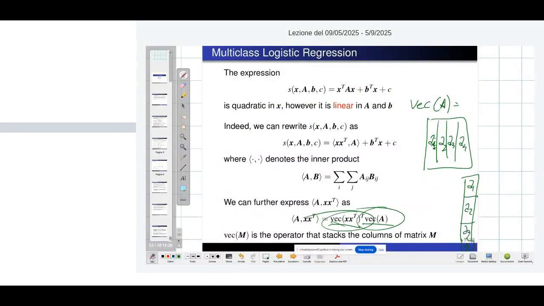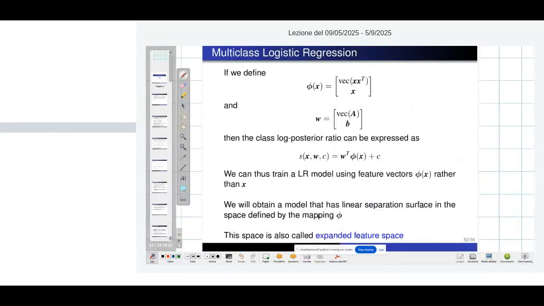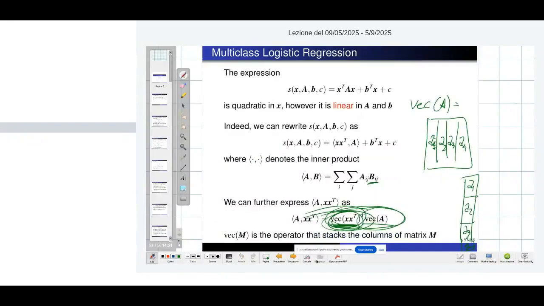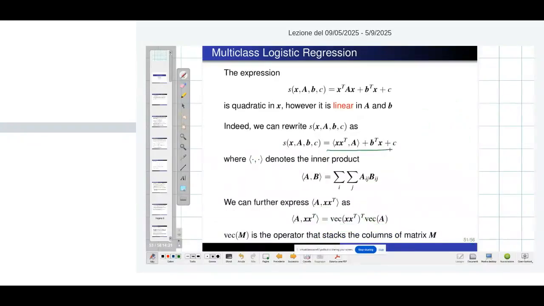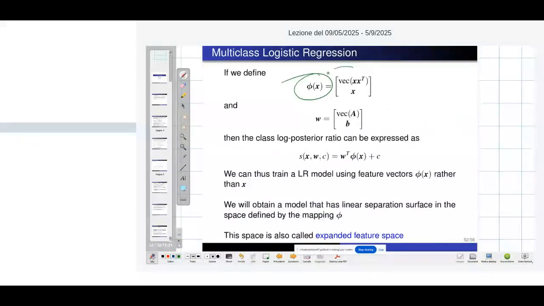So we can also write it as a vector product if we take the matrix A and stack its columns, and we do the same for the other matrix. Here in our case, matrix B is X transpose. Which means that if we now define phi of X as this vector and W as this vector, what do we obtain?